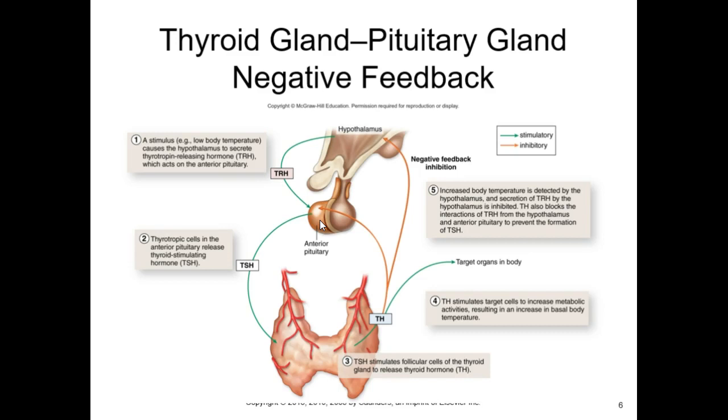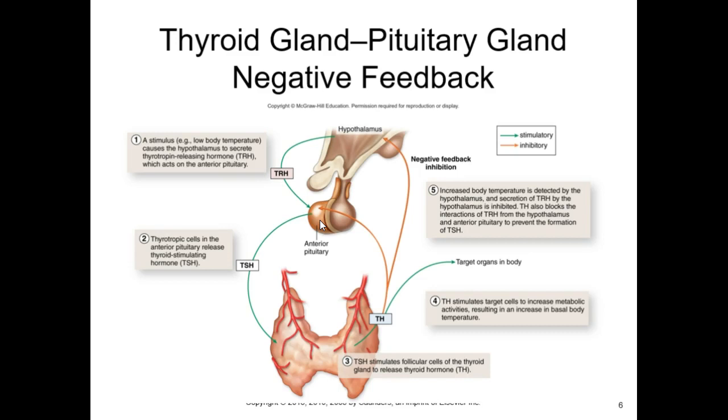Yep. Okay, let's say now you've got a pituitary hyposecretion disorder, and you're not releasing TSH. TSH would be low, therefore thyroid hormone would be low. Therefore, would this feedback loop exist? No. So would the hypothalamus keep releasing TRH? Yes, because if there's no feedback loop.